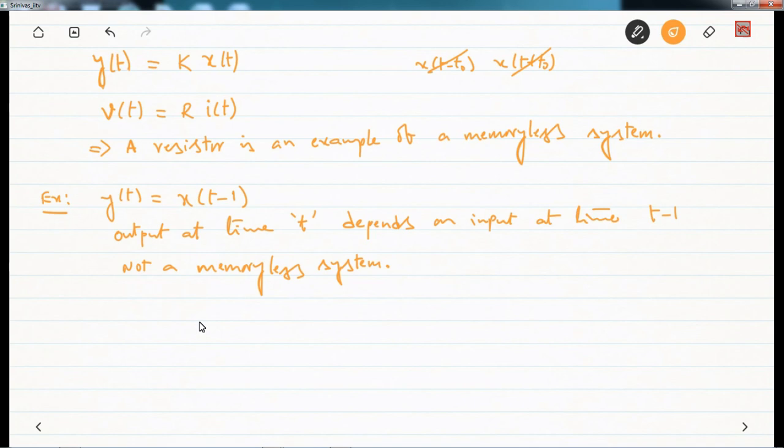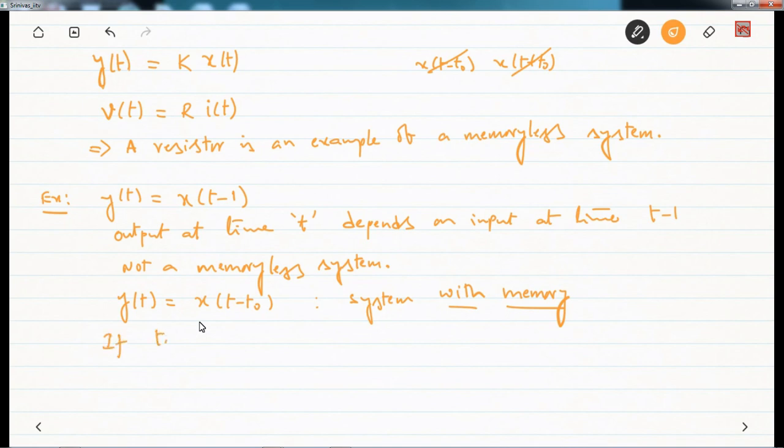So this is not a memoryless system, and in general, if we have y of t is equal to x of t minus t naught, then we call this a system with memory. What happens if t naught is greater than 0? Then this is a delay system, right?